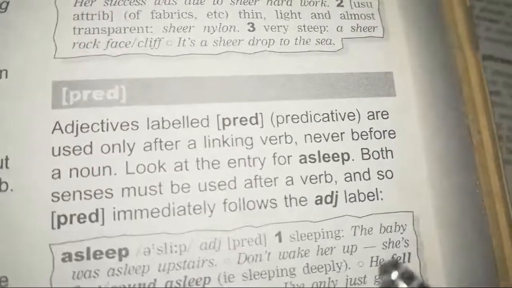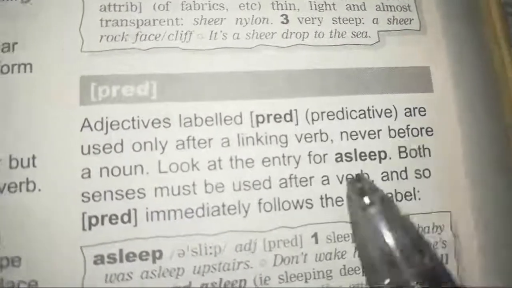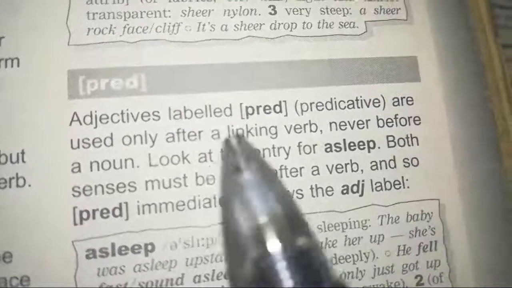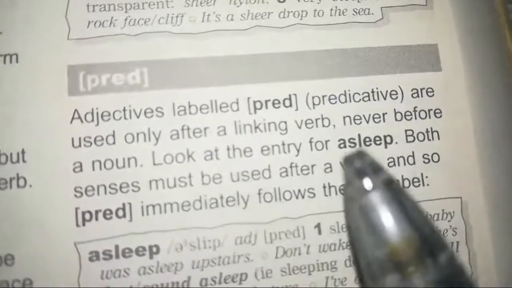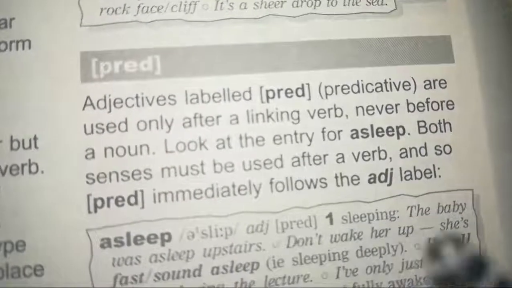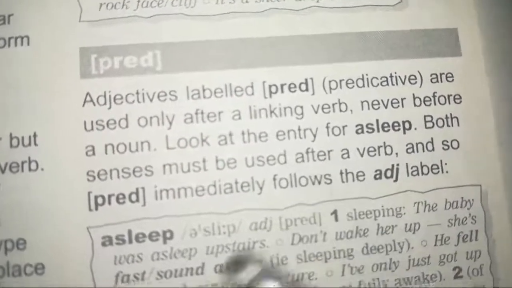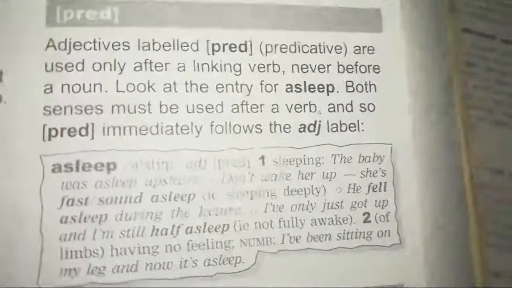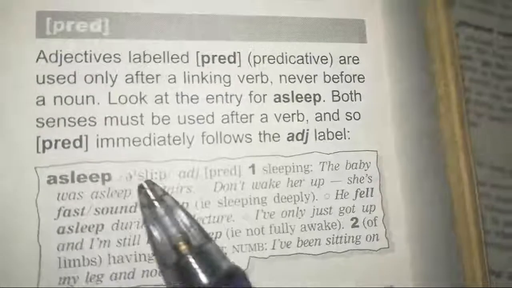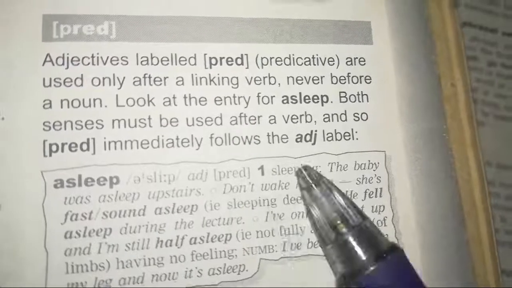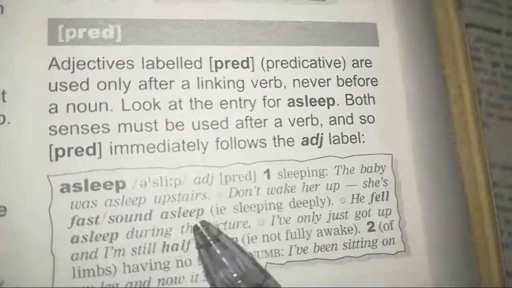Adjectives labeled pred, predicative, are used only after a linking verb, never before a noun. Look at the entry for asleep. Both senses must be used after a verb, and so pred immediately follows the adjective label. Asleep: sleeping. The baby was asleep upstairs.